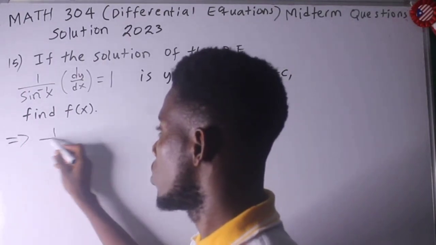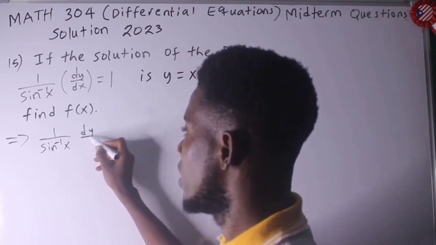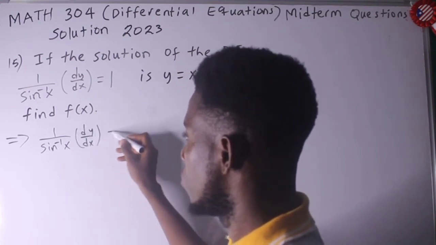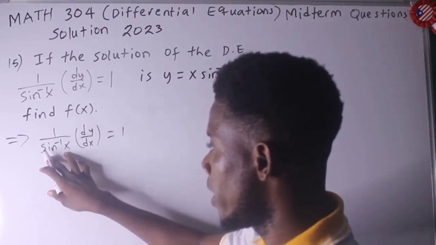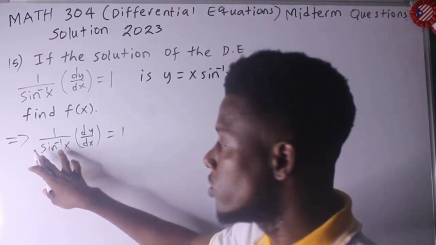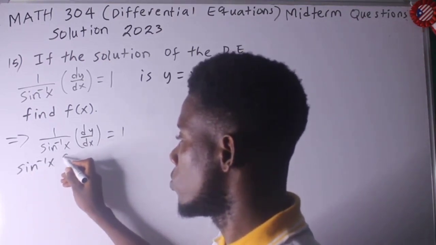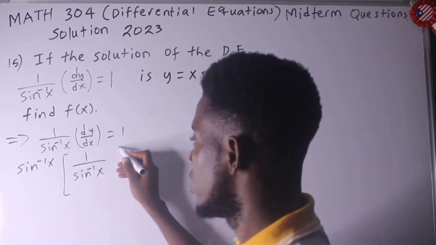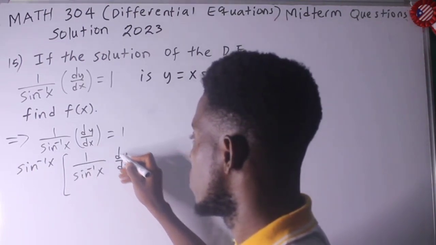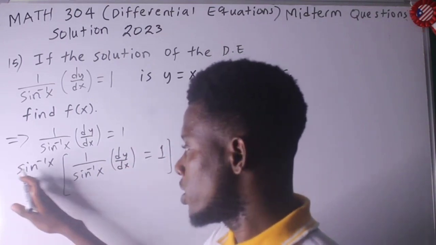We take 1 over sine inverse x dy by dx equals 1, and then we multiply the entire equation by sine inverse of x. So sine inverse of x times 1 over sine inverse x dy by dx equals 1, and this and this are going to cancel out.